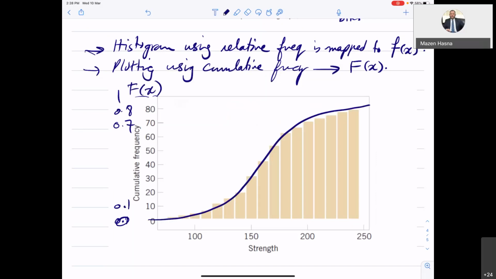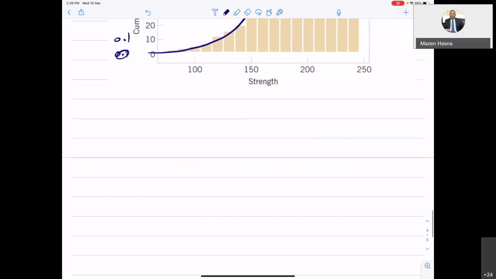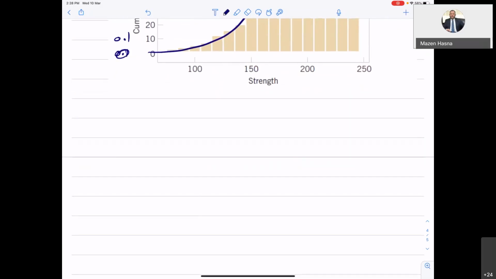So this is more or less what I wanted to mention about the histogram. And the last graphical way that we want to talk about is the box plot. Box plot is a nice way also to present the data.